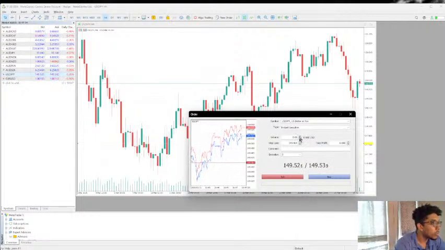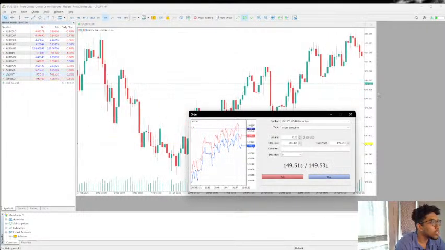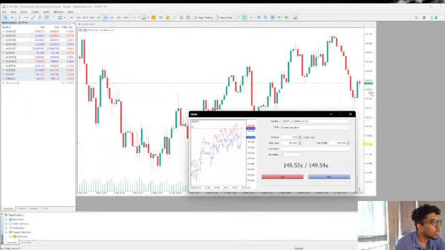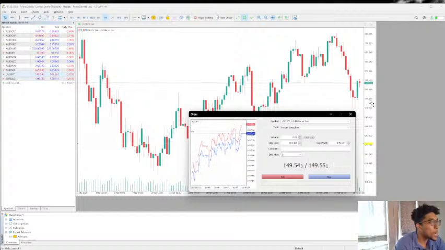But let's, boom, and take profit. Oh no, stop loss needs to be way lower, bro. Stop loss needs to be like 149. Oh, but I think it's going to go down.